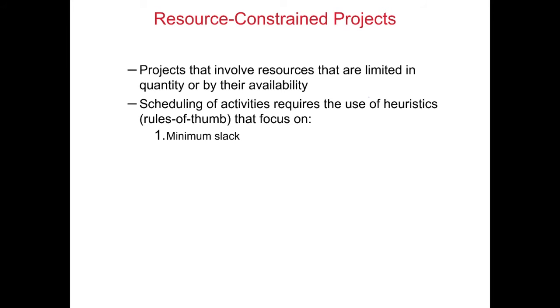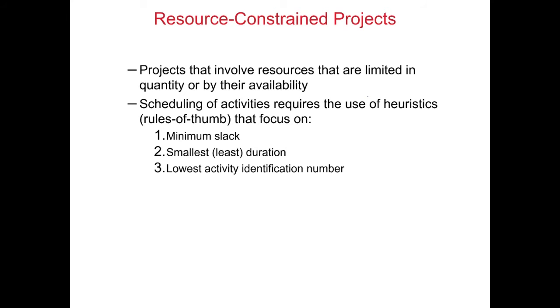Usually the software uses these heuristics while it computes the leveling. First of all, the software will give preference to an activity with a minimum slack. Secondly, the software will give preference in resource allocation to an activity with the smallest or least duration. And thirdly, the software will prioritize the activity with the lowest activity identification number.